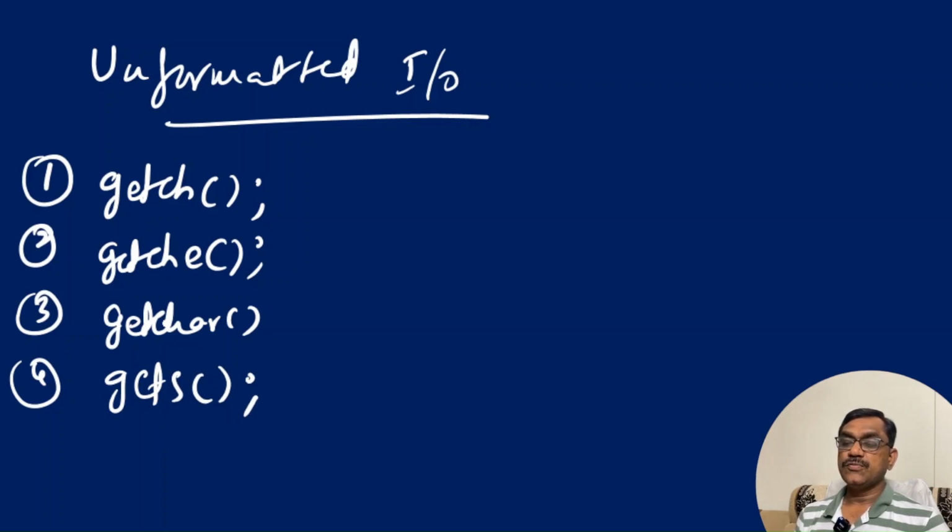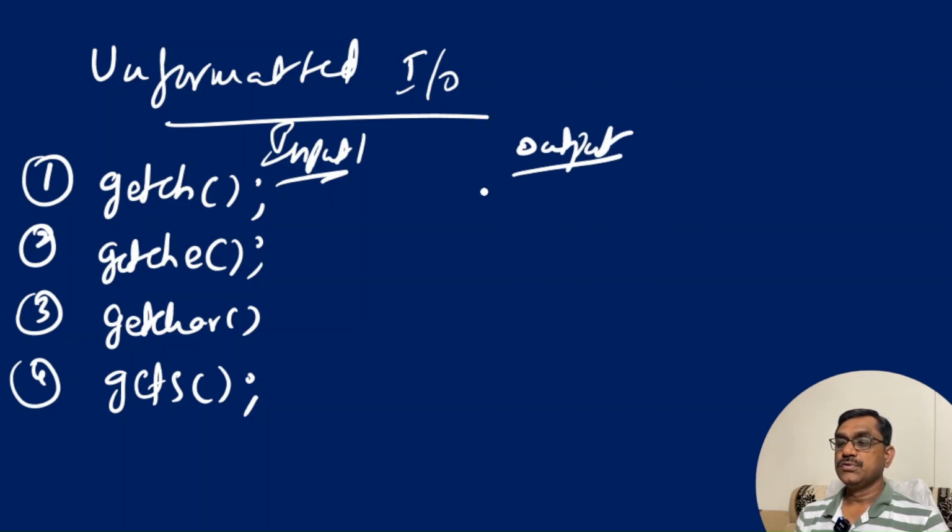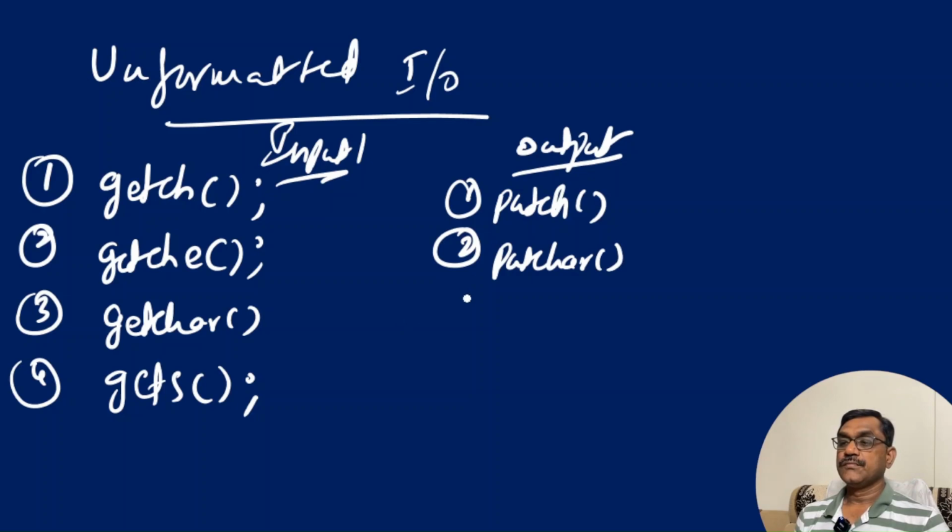These are the unformatted inputs. Now coming to unformatted output, we have putch, putchar, and the third one, we also use puts. Gets and puts we discussed in previous classes.